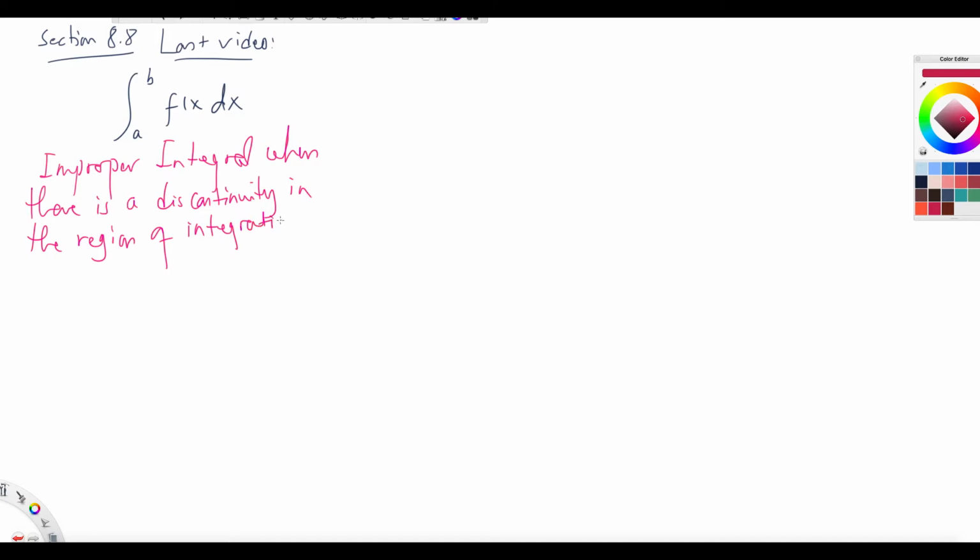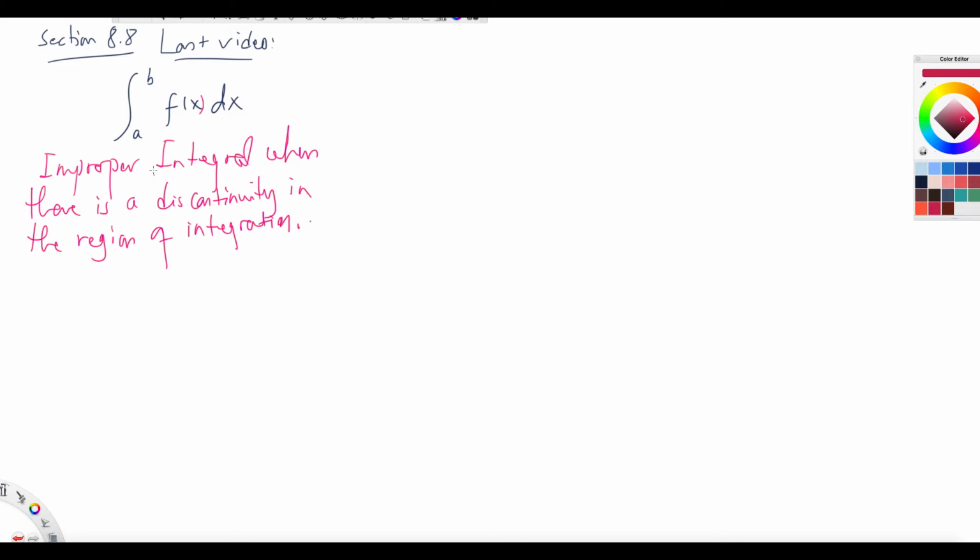What does that mean? That means the function will be infinity, or the function will not be defined when you plug in a in that function of x. If you plug in a, you will get the value of the function infinity, or if you plug in b, you get the value of the function infinity.